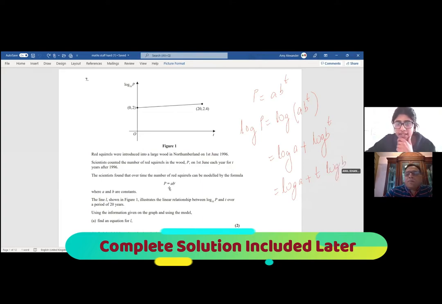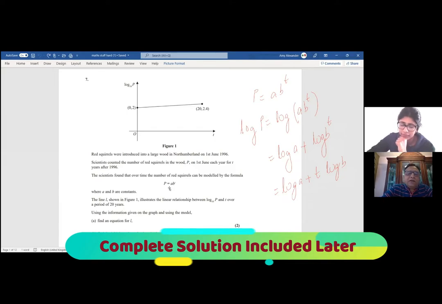So you don't need to write the 10, even though they've given log 10 p? No, it is default. You need not write it. In your marking scheme, you could check that, but check with your teacher also. It is not required. That's the default.